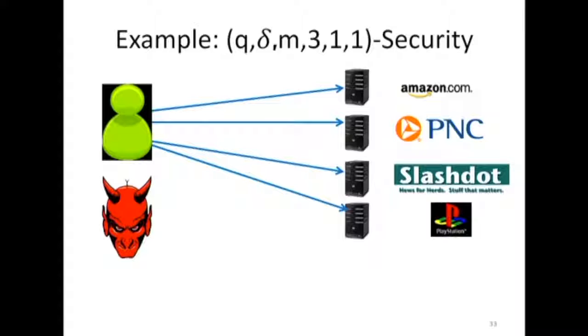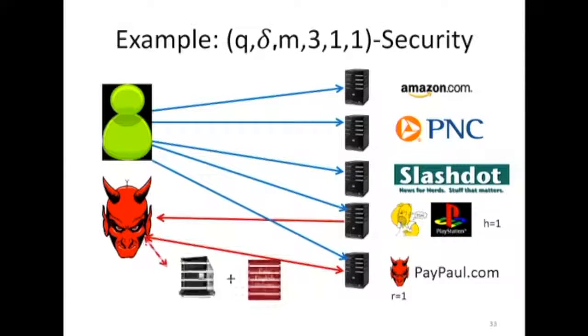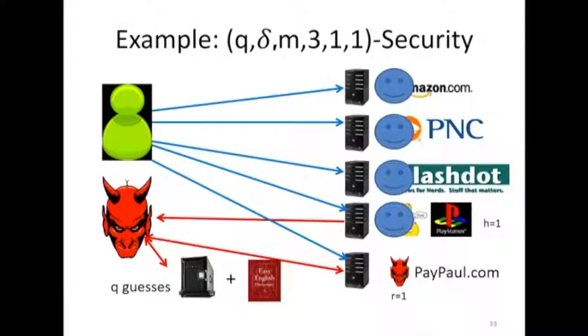So as a simple example, (Q, delta, M, 3, 1, 1)-security is when the adversary gets one password and one password hash value, and Q guesses to break that password hash, and it's secure if the user wins this game with high probability.